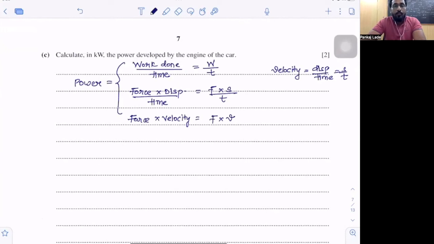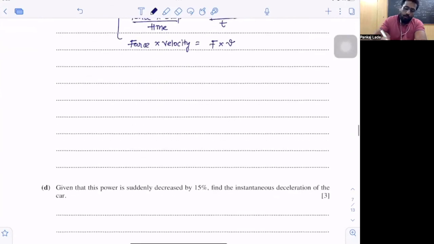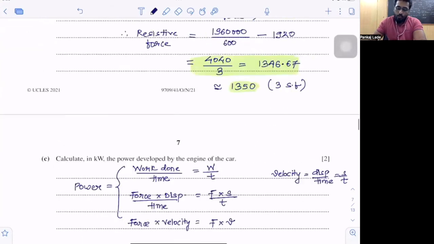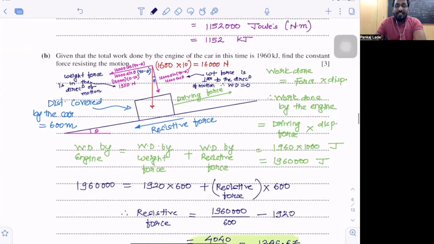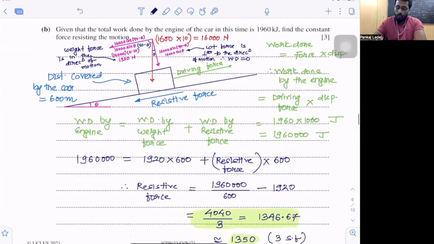So calculate the power developed by the engine of the car. I know the work done by the engine of the car. The work done by the engine was 1960 kilojoules. The total work done by the engine of the car in this time is 1960 kilojoules.